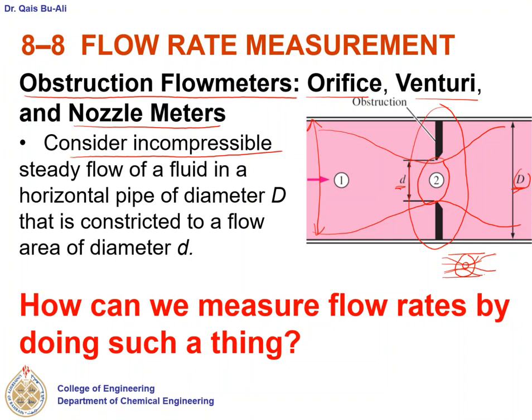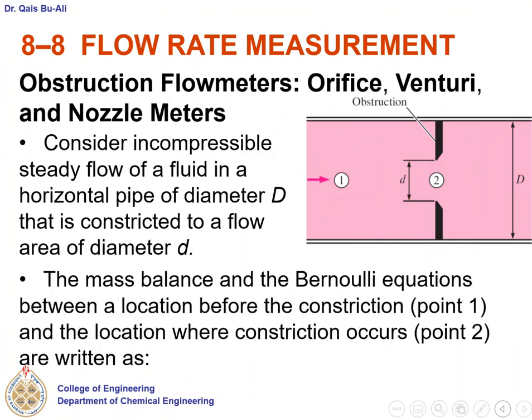So how can we measure the flow rate by doing such a thing? How can I, just by putting a disc inside the pipe and making the flow harder on the fluid inside this pipe, measure the flow rate? So here is the answer. We can do this by looking at the mass balance and the energy balance, which is manifested in the Bernoulli equation.